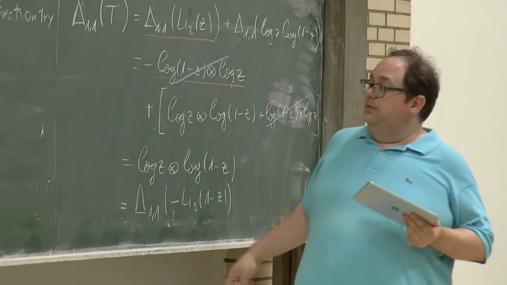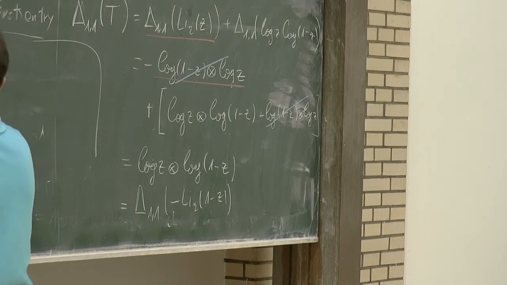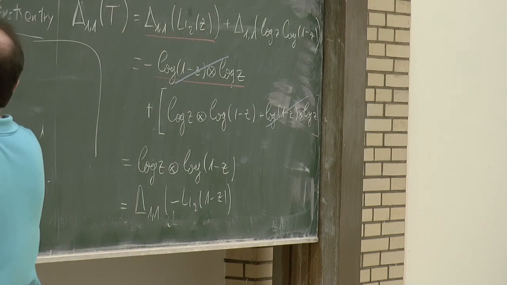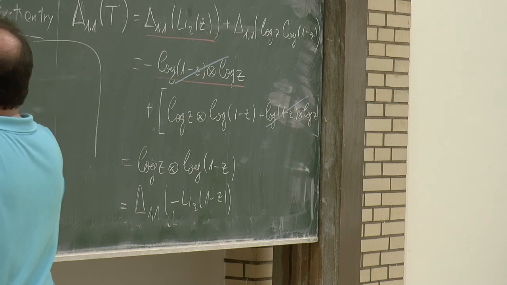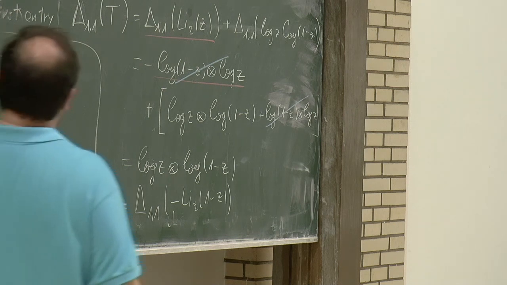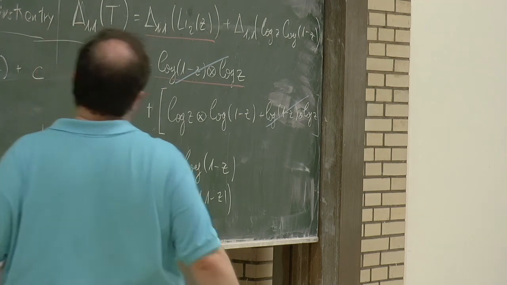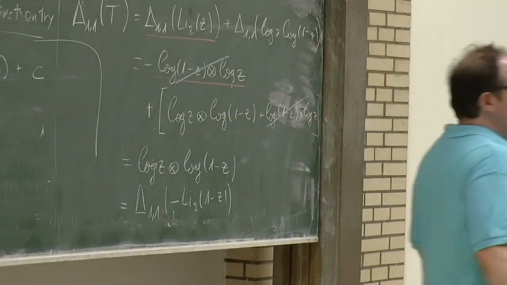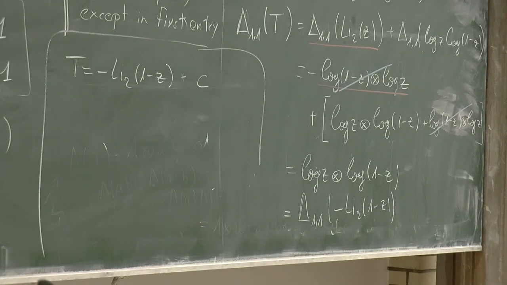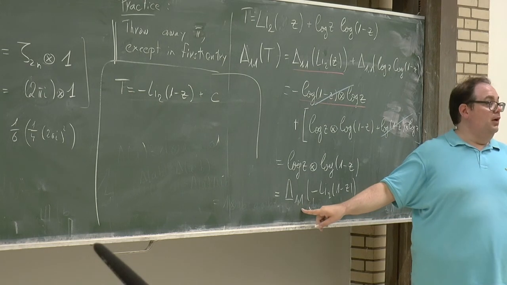So what do I conclude from that? Let's just write that here. From that I conclude that t is actually minus v2 of 1 minus z, well, plus something. This something must be an object that lies in the kernel of delta 1,1.